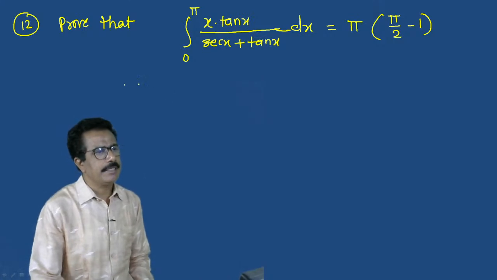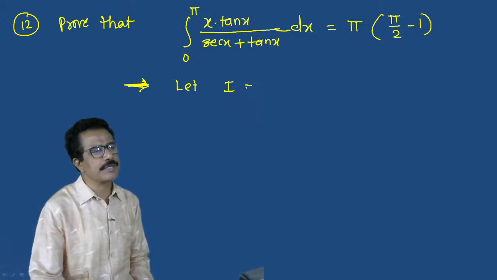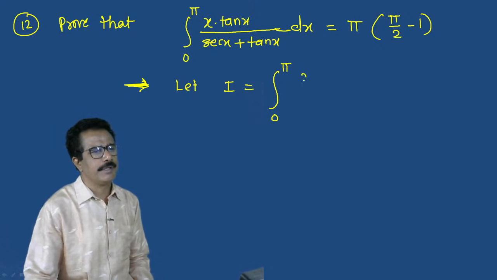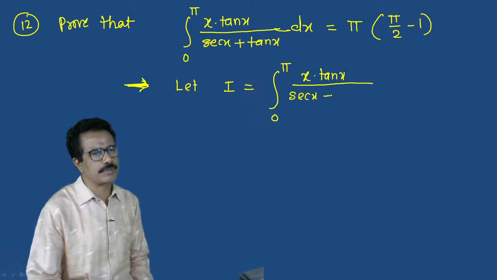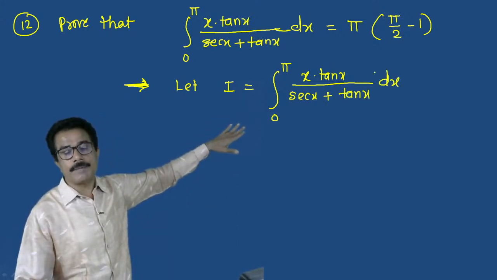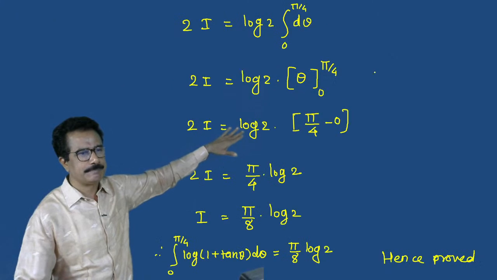Let I be equal to the integral from 0 to pi of x into tan x divided by sec x plus tan x dx. Now you can use property number 4.